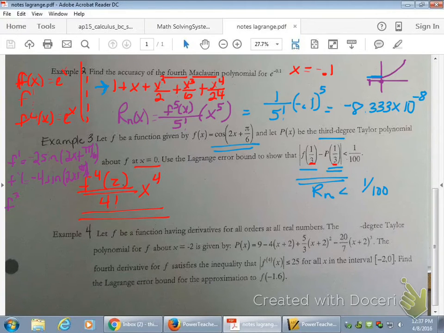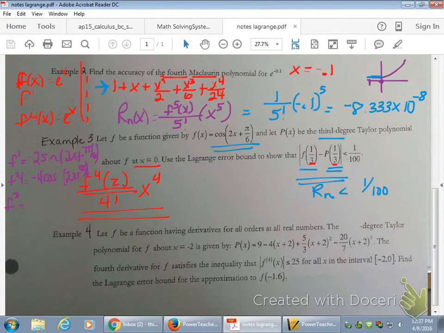The third derivative, multiply by another 2. You know what? That was cosine. Sorry. Multiply by another 2, so that's negative 8. It'd be positive. Sorry. I'm running out of room here.